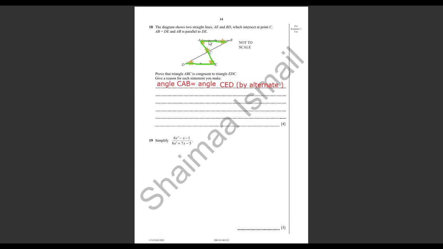And here, angle ABC will be equal to CDE, also by alternate. ABC equal to CDE, this blue angle equals by alternate.